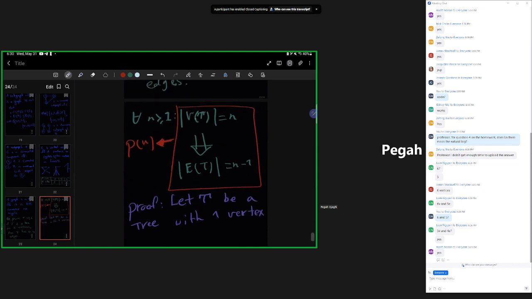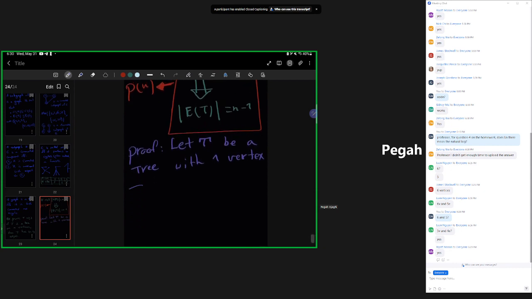Based on the definition, the number of vertices is equal to 1 and the number of edges is going to be 0. That's going to hold, because the one point is a tree too: it's connected and it doesn't have a cycle, because there's nothing that makes it disconnected. So it's a tree of only 1 vertex and no edges. In this case, T has 1 minus 1 equal to 0 edges, which is correct.